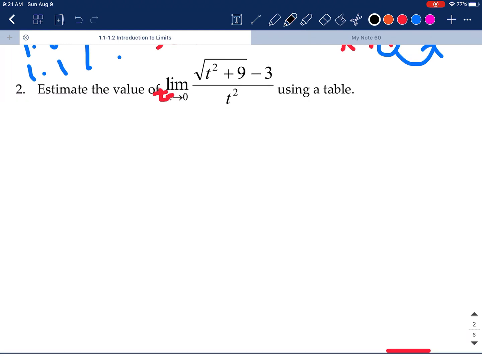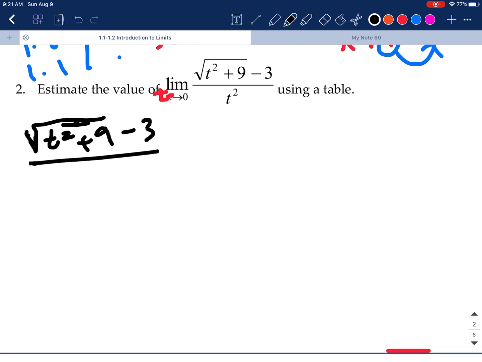If I have a radical expression, one option I can always try is to rationalize it.